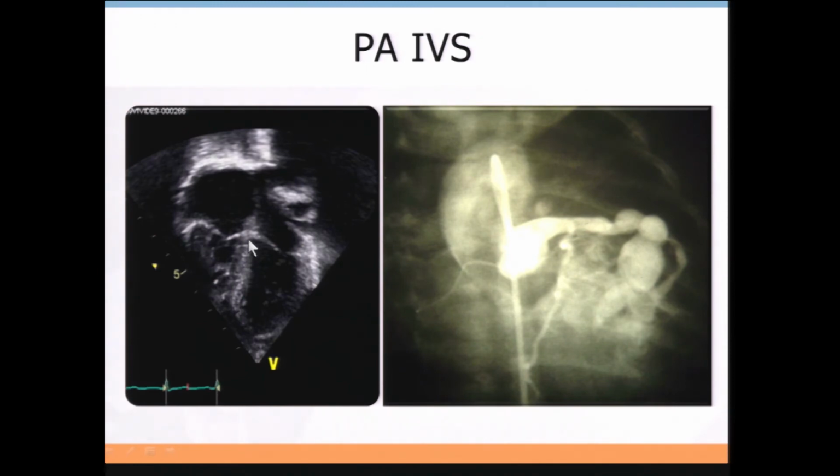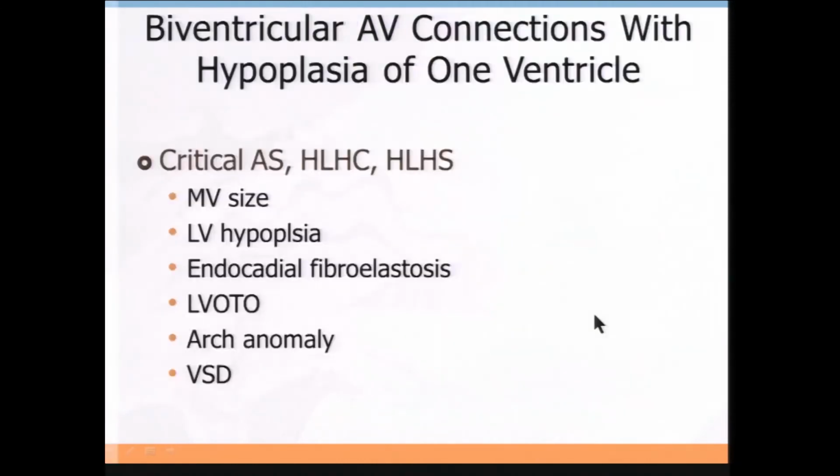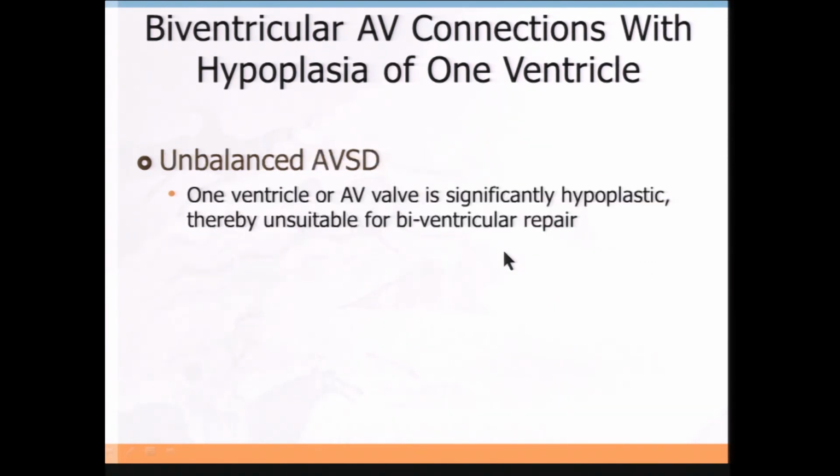So this ventricle cannot independently support pulmonary circulation and can be managed by Fontan circulation. Some patients have this kind of coronary malformation. And left side obstructive lesion, Dr. Kim already mentioned, has this category of biventricular AV connection with hypoplasia of one ventricle.